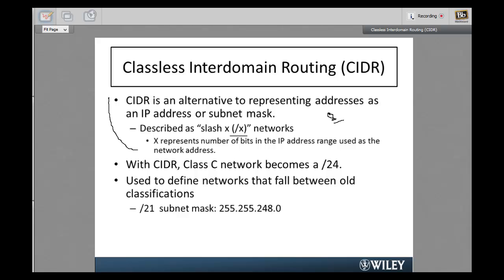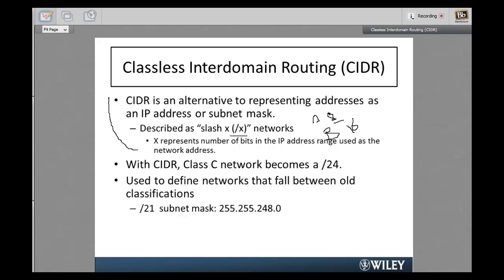This is for class A. For class B it will be what? 16. Okay, 16, because you add 8. The rule is that you add 8 every time. So in A it's 8, in B 16, C is 24. And D is 32.